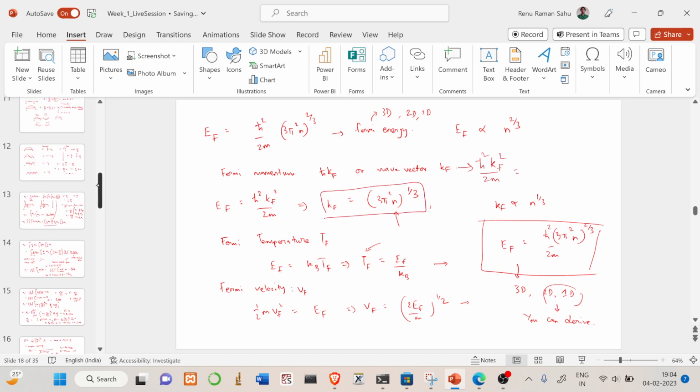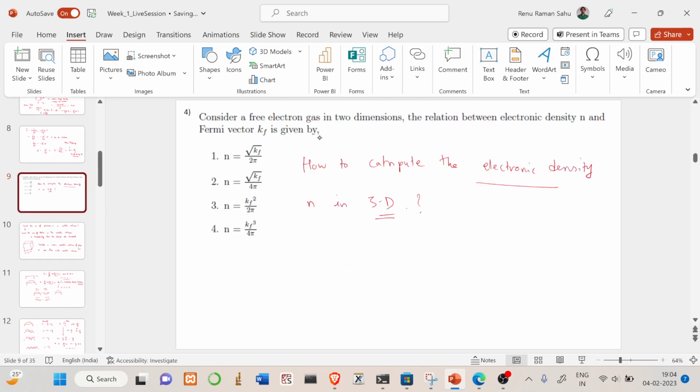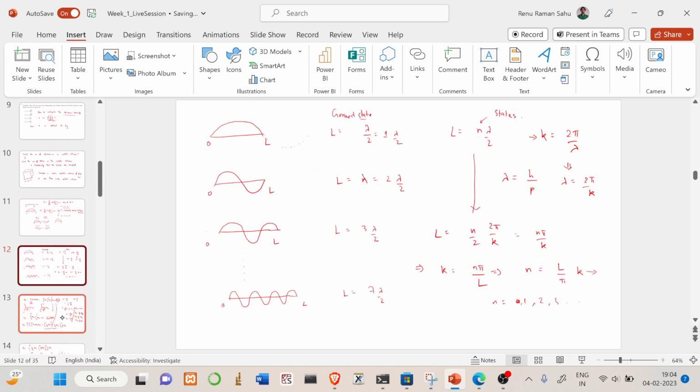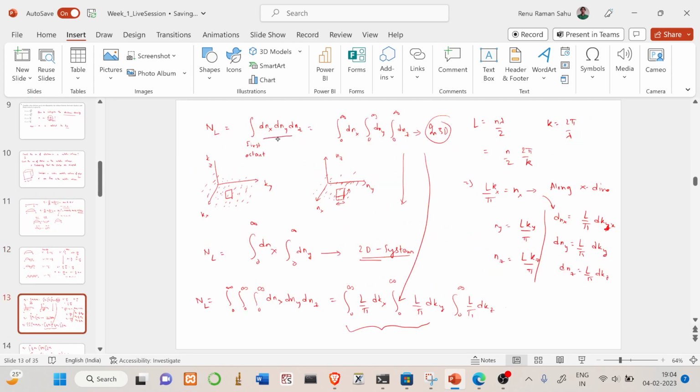How is n related to kF? What I derived was for 3D, but using a similar method you can do it for 2D. The key is to understand that at this particular step of the derivation, you just use dnx and dny for a 2D system, and you can solve by the similar procedure which I explained here.